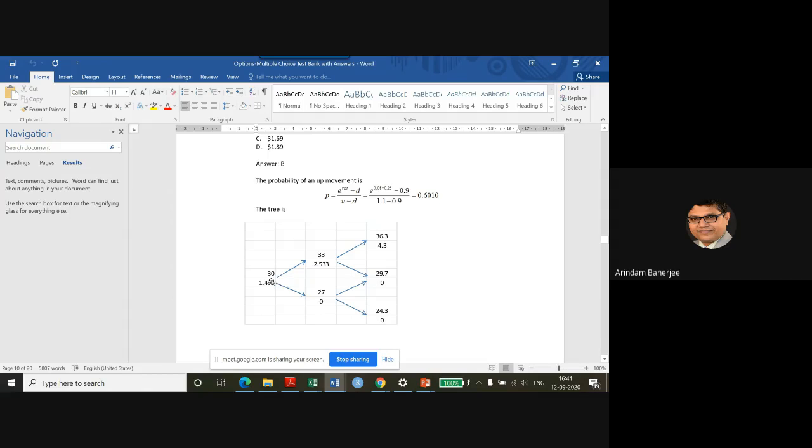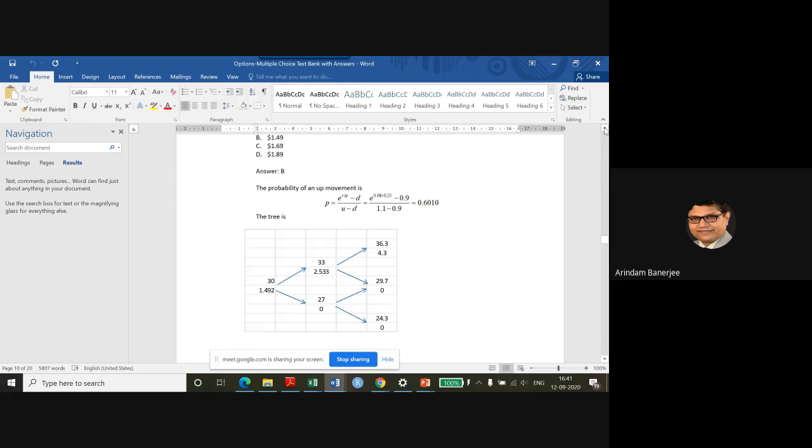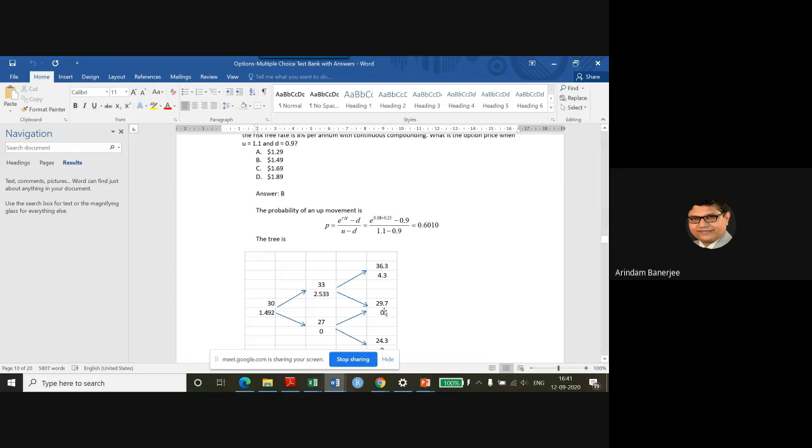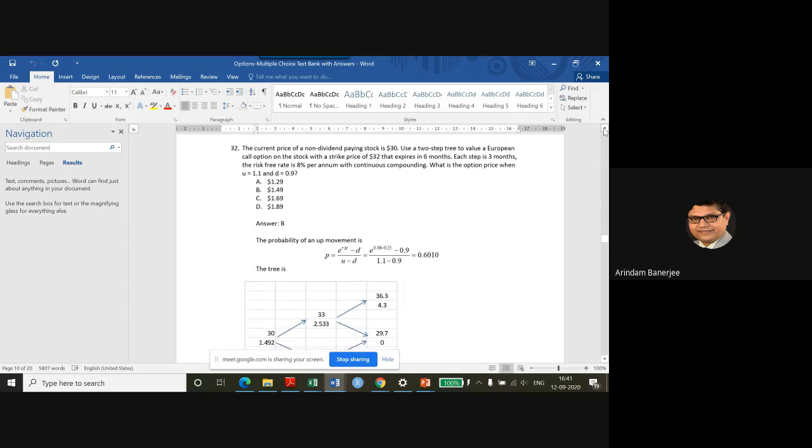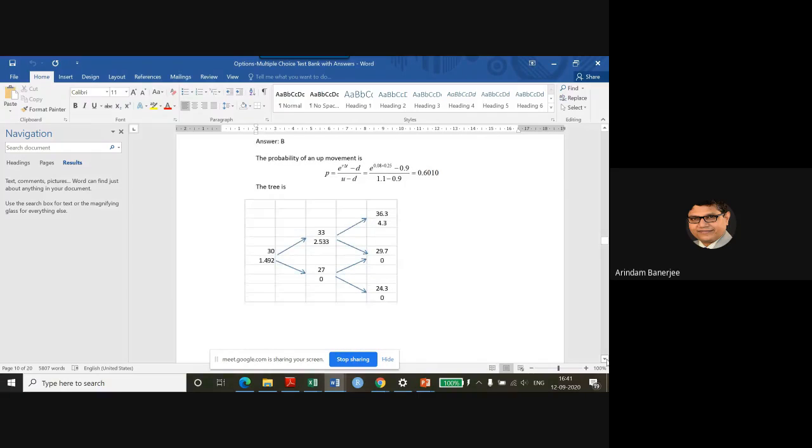Fine. So I am moving from left to right first. Then I am coming to the last stage. What is my strike? My strike is 32. And what is the option? Call option. So if the strike is 32, in case of a call option, this one is out of the money because my spot is lower than strike.